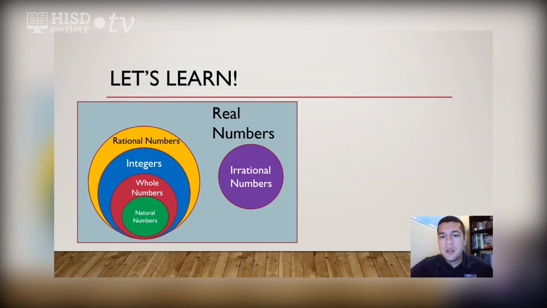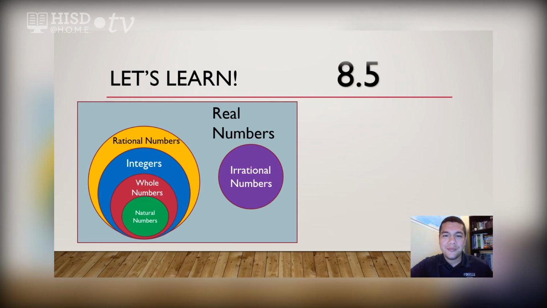Okay, so now numbers are going to start to show up on the screen, and we are going to classify them and make sure that we put them in the correct set on our Venn diagram on our left. Then we're going to use a sentence stem in order for us to give a complete answer for the question. And the question is, what is the classification of the following numbers?